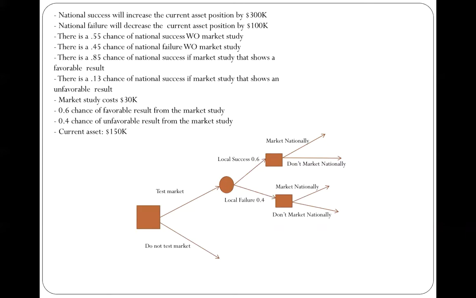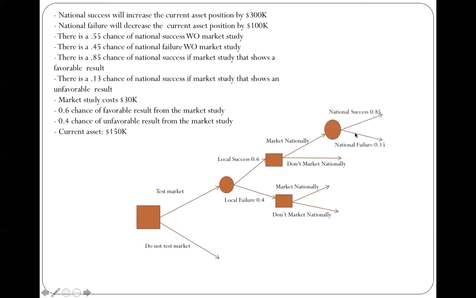Okay, so let's assume we observe a local success and we market the product nationally. What's going to happen next? If we market the product nationally, we expect two possible outcomes. Either the product will be a national success or a national failure. We don't know exactly which one of them is going to happen. We have no control over them, and as a result, we have to show them by an event fork.